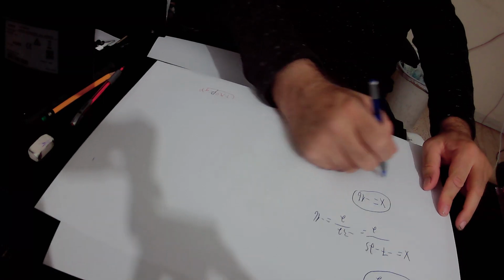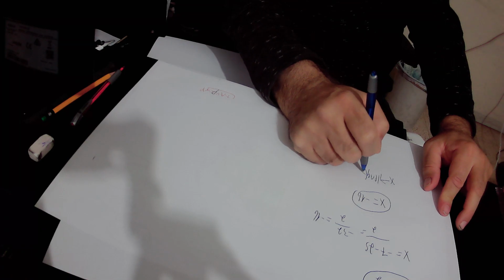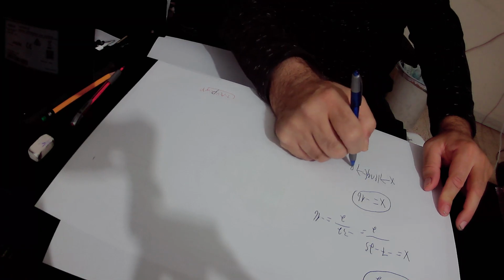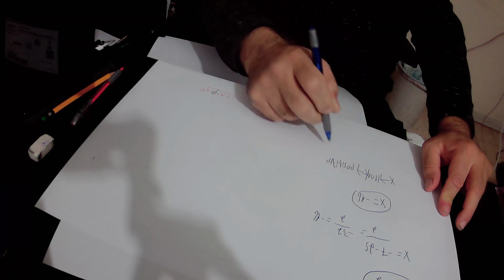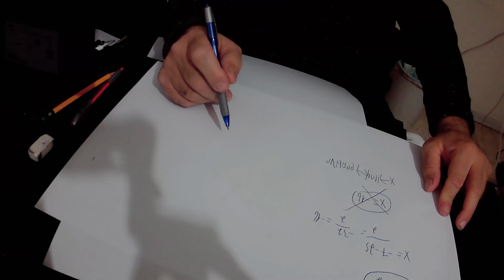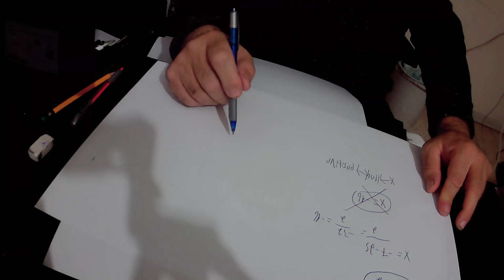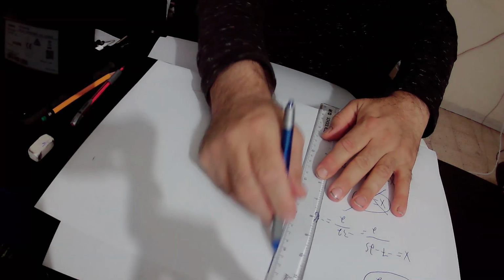But because x is a length, and the length must be a positive number, we cancel this solution. It is impossible that x will be equal to a negative number, and we are left only with the second solution.